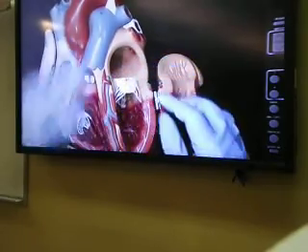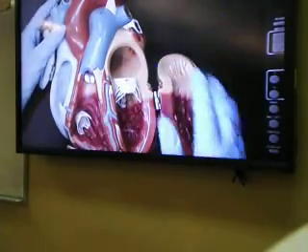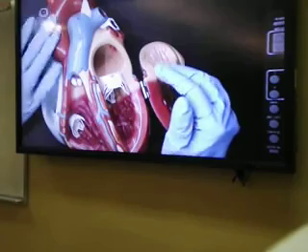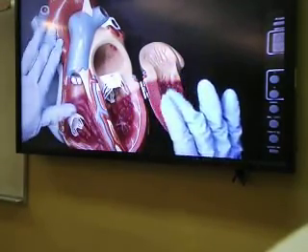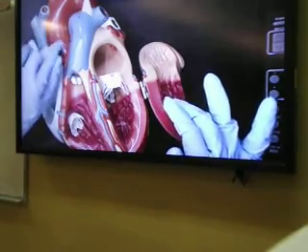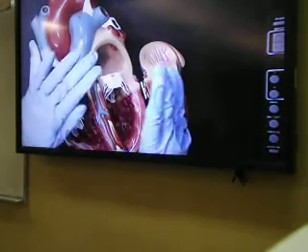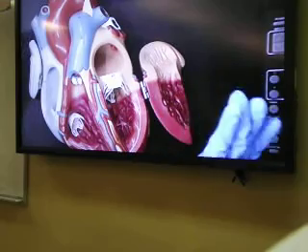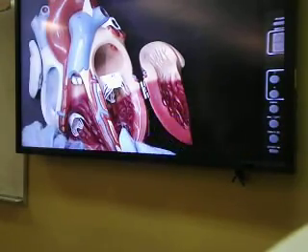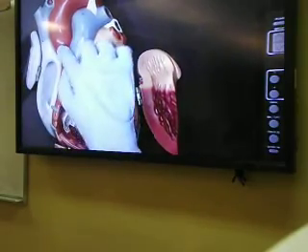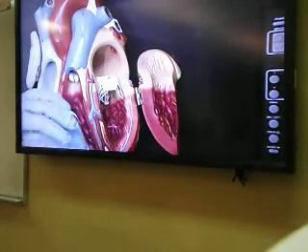Now later in the semester, when we go more into the cardiovascular system, we will see the aorta gives rise to all the systemic arteries of our body. That means from the aorta, all the arteries which are distributing blood all over our body will be arising. But the aorta is starting right from the base of the heart.